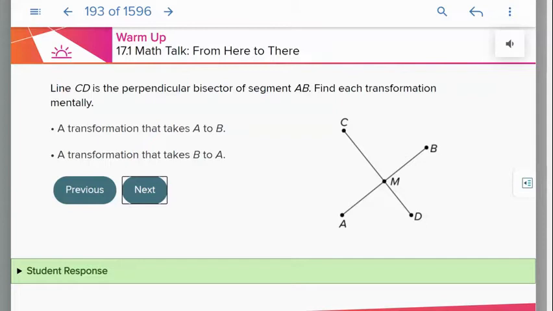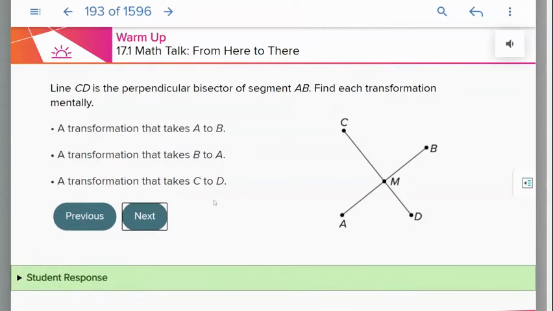Could you reflect B over line CD to map onto A? Could you rotate point B around M 180 degrees to map onto A? Could you just translate down to the left along that line AB until you get to A, to map B onto A? Yeah. So you could use the same three transformations, except you're going the other way now, from B to A instead of A to B.